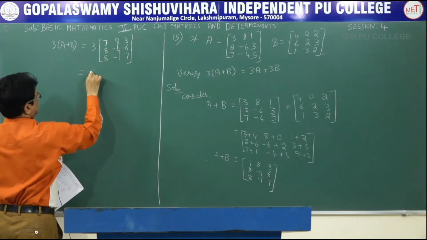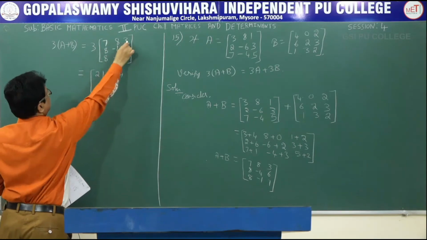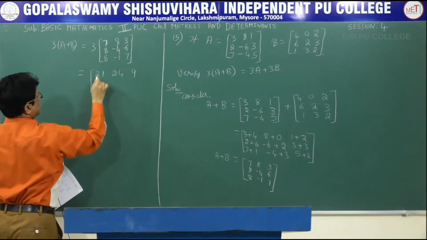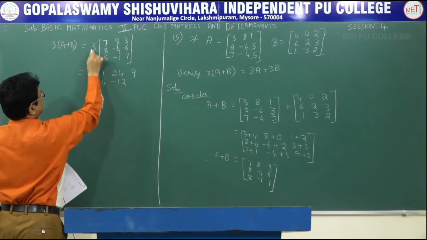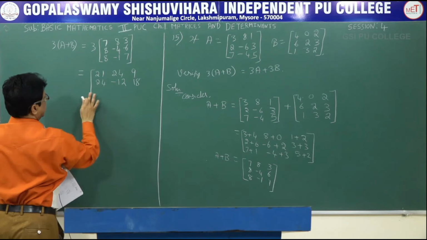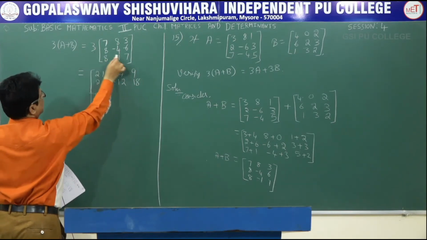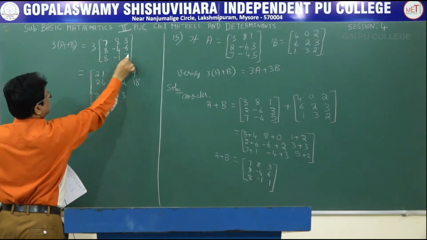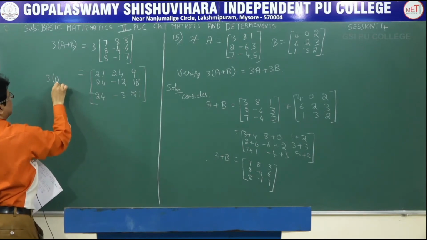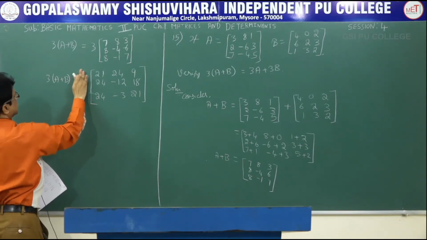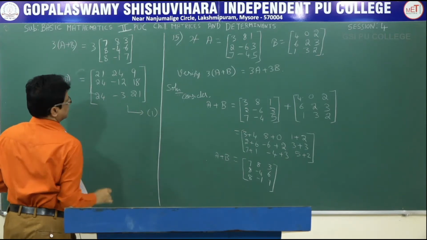So 3 into 7 is 21, 3 8s are 24, 3 into 3 is 9, 3 8s are 24, 3 into -4 is -12, 3 into 6 is 18, 3 8s are 24, 3 into -1 is -3, 3 into 7 is 21. So this is nothing but 3 of (A plus B). We call this equation 1.